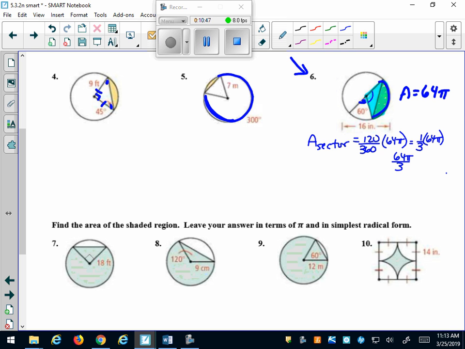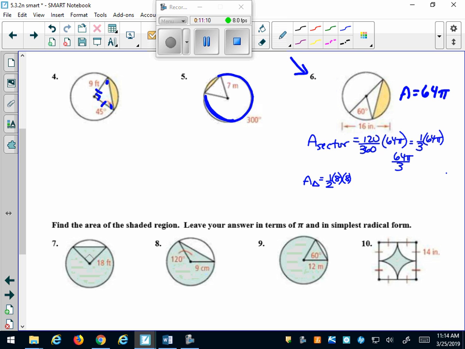In order to get just this yellow part, what do I have to do? Good. Area of the triangle has to get subtracted out. So now is when we do 1/2. What's the radius? 8, right?